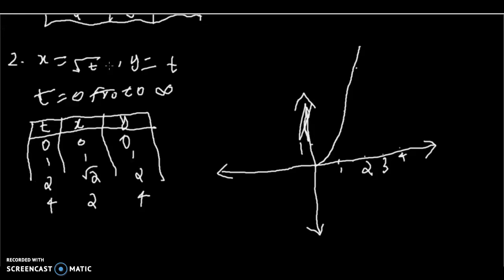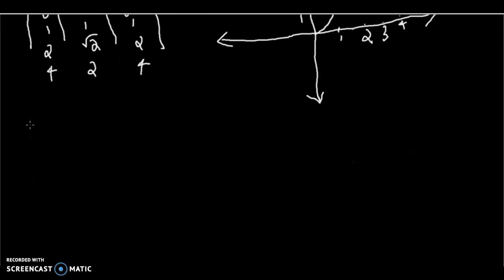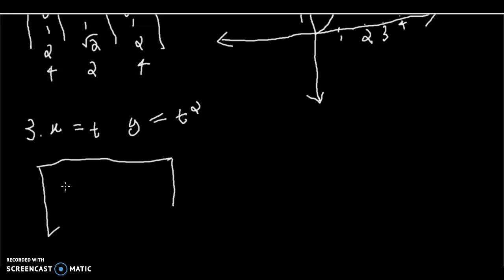For the next question, 3: x is equal to t, y equals t squared. Again, t varies from 0 to infinity.